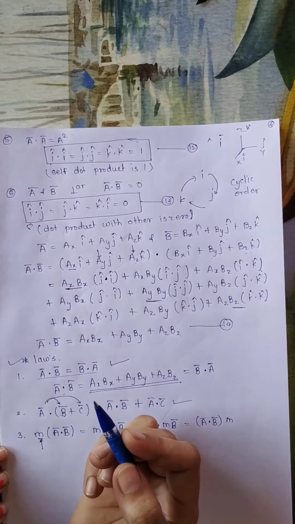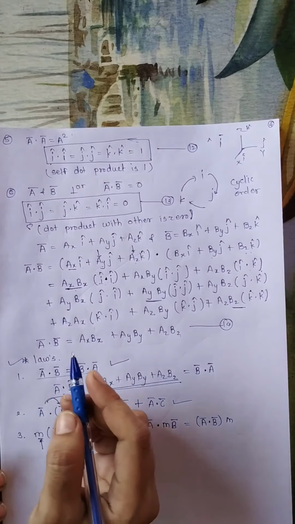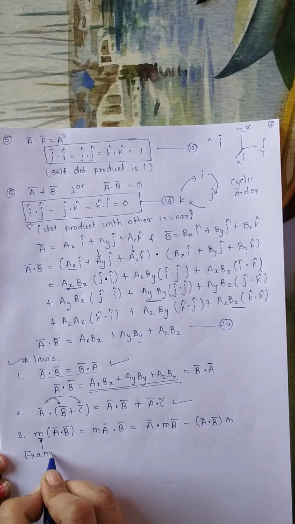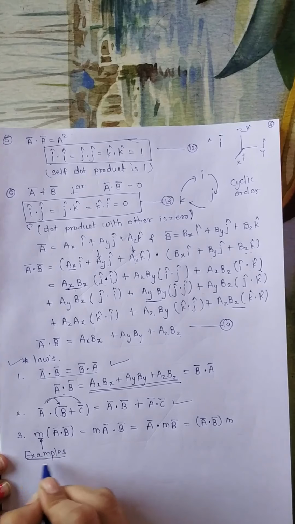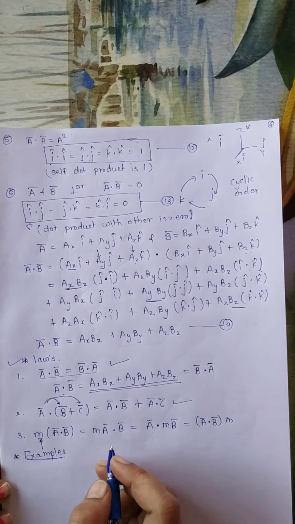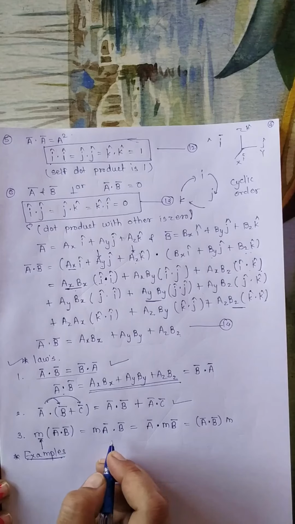Now in physics there are some examples where physical quantities use the dot product. So many physical quantities such as work, power or magnetic flux are expressed in terms of the scalar product of two vectors.